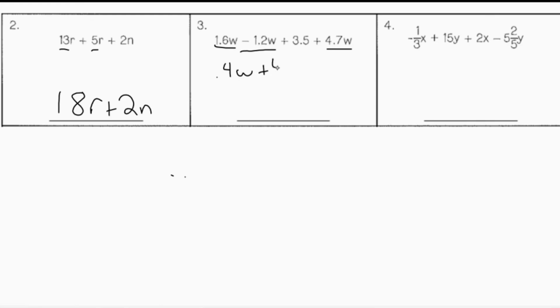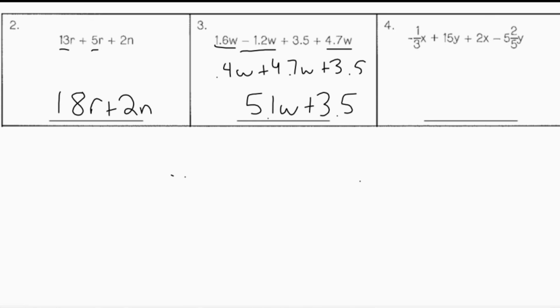I will add that to my 4.7w, and then I still have my 3.5 left over. 0.4w plus 4.7w is 5.1w. And then I have my 3.5, which I cannot combine because 3.5 does not have a w. So my simplified expression would be 5.1w plus 3.5.